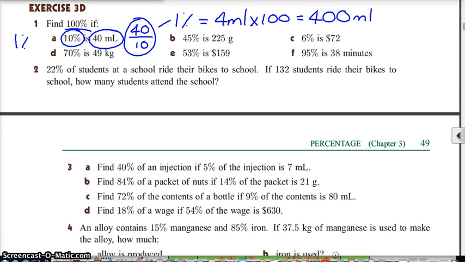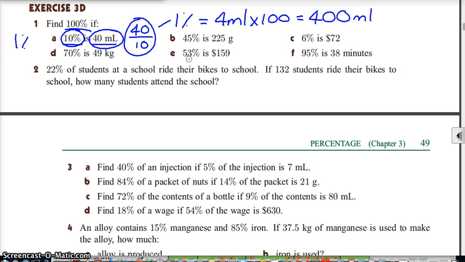If I had 100% of that solution, let's just say it's a type of liquid, and what they're saying is that 10% of that liquid is 40 mils, you reduce that down to say, well, what's 1% worth? And when you've found 1%, you can simply multiply it by however much they're asking of you, all right?